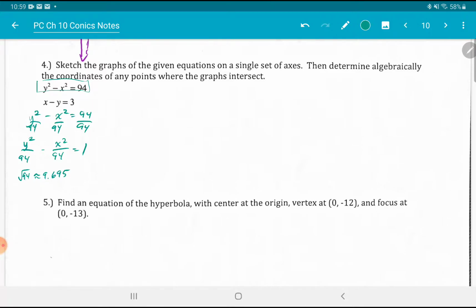All right, so on the coordinate plane, let's go ahead and draw that. That is a pretty spaced out hyperbola, so I'll try my best with this. 1, 2, 3, 4, 5, 6, 7, 8, 9, 10, 11.